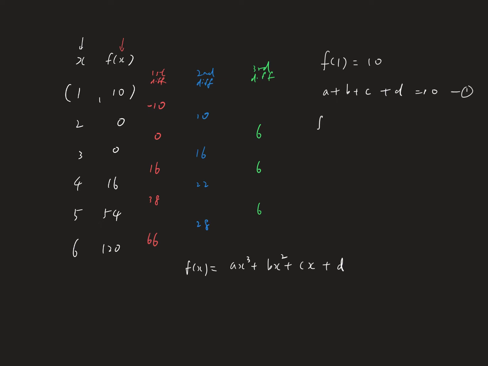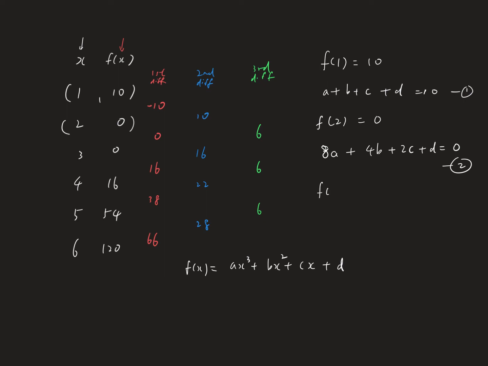For the second equation, we have f(2) equals 0, and therefore we have 2 to the power 3, we get 8, so 8a plus 4b plus 2c plus d equals 0. And this is equation 2.